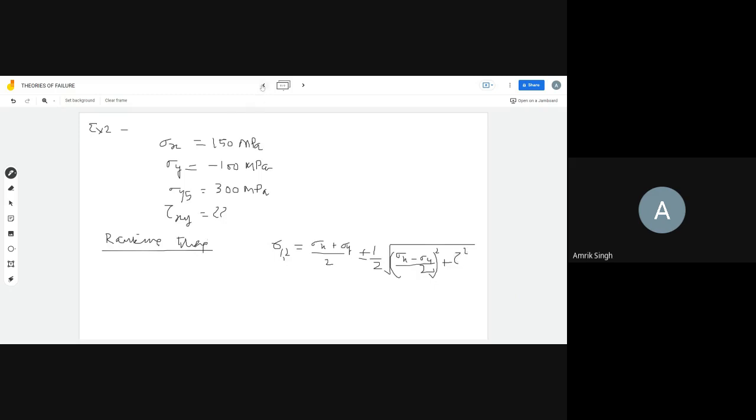Right? You see, this will not be there because I am using the formula half inside.